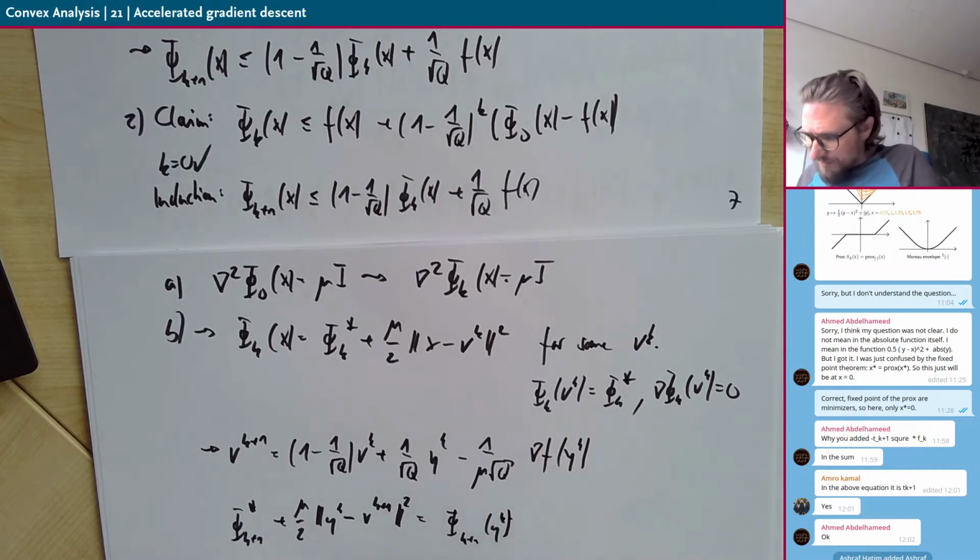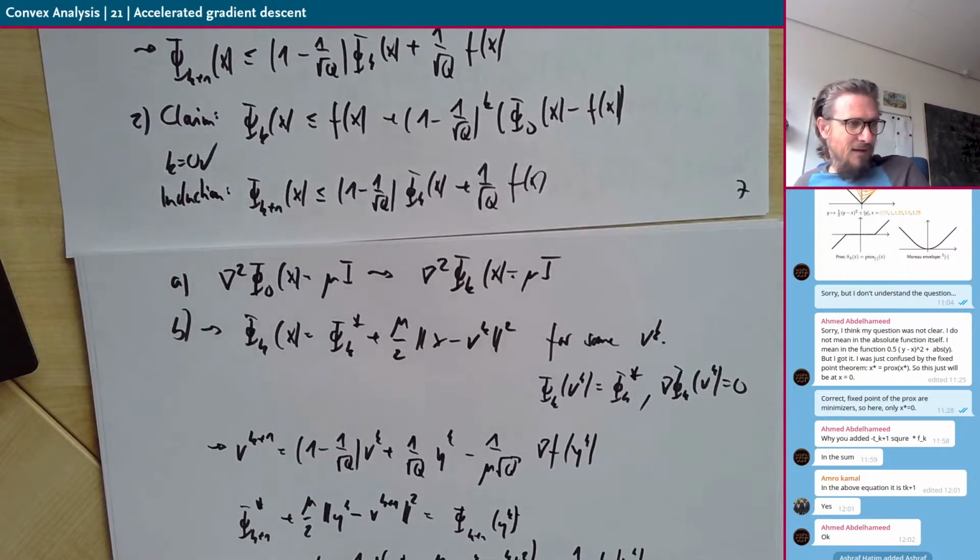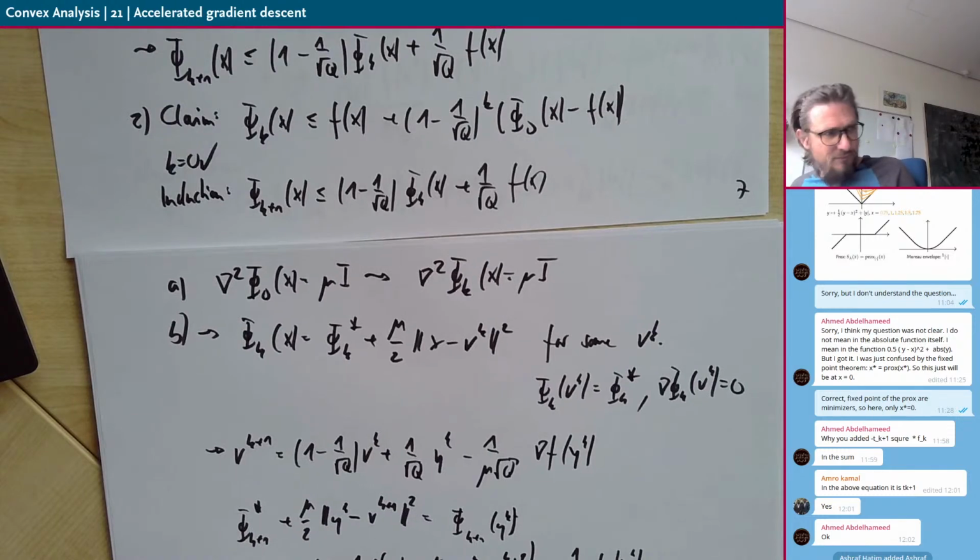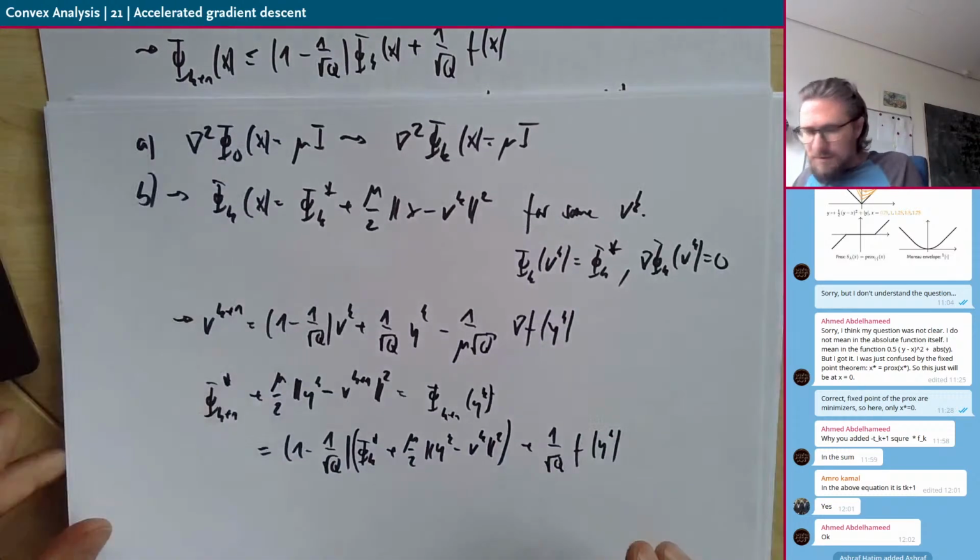Let's just plug that in, and now we use the recursion for phi k plus 1, and we can write this as 1 minus 1 over square root of q, and here this phi can be written as phi k star plus mu over 2 yk minus vk squared, and the recursion also has a plus 1 over square root of q f of yk.